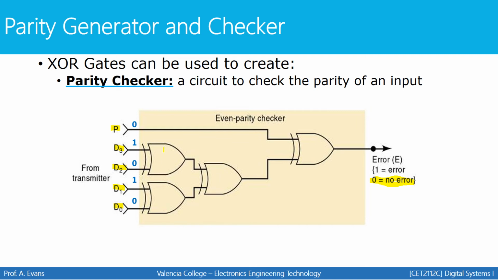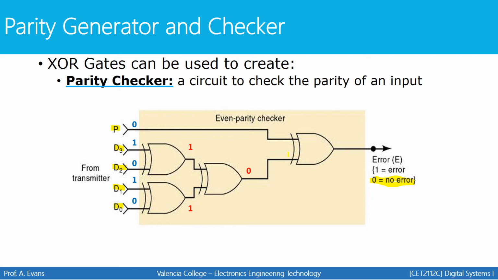Starting with the first XOR gate here, the inputs are at different levels, so the output will be 1. Same thing with this XOR gate. The inputs are at different levels, the output will be 1. With this XOR gate, the inputs are the same level, the output will be 0.